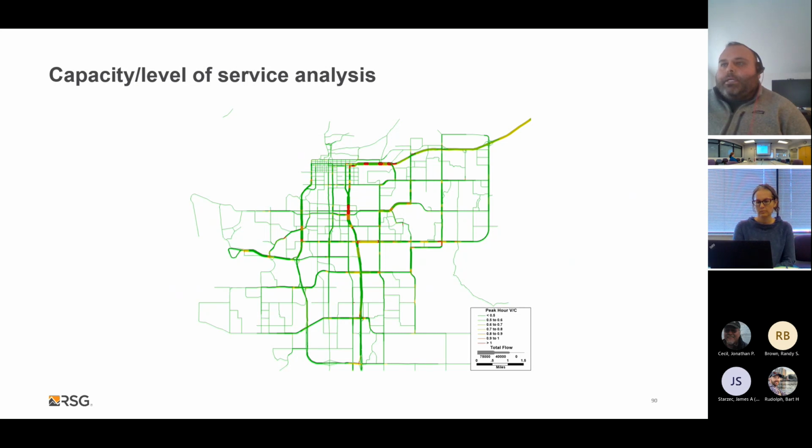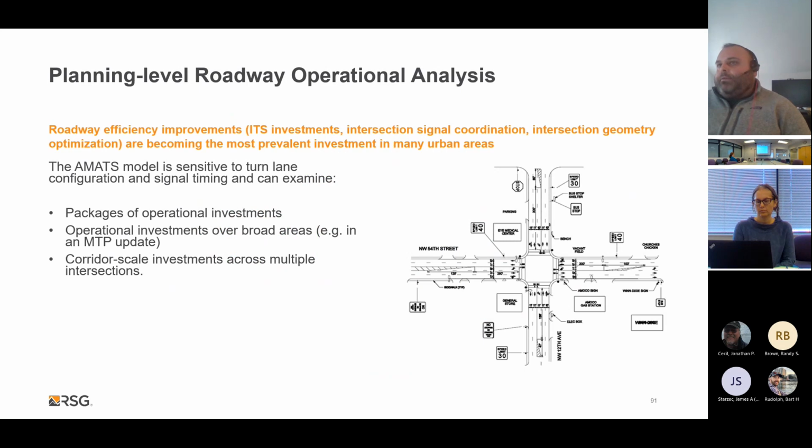This is probably historically what the model has been used for, more of this capacity level of service analysis, but in planning, we're getting further and further away from just doing a level of service analysis. We can do planning level roadway operational analyses. And roadway efficiency improvements are often becoming more prevalent investments in many urban areas.